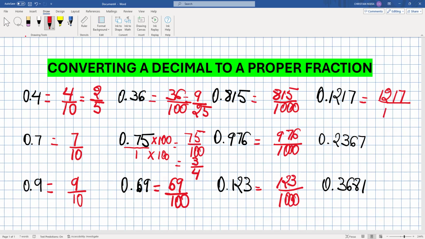So I'm going to divide that by 10,000. All right. Let's do this right here. Get rid of the 0 and the decimal point. You got 23. You got 6, 7. So you're going to divide that by 1 with 4 zeros, which is 10,000.